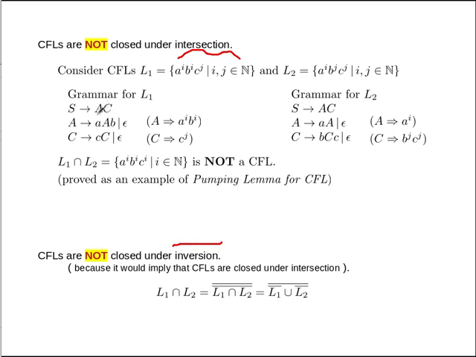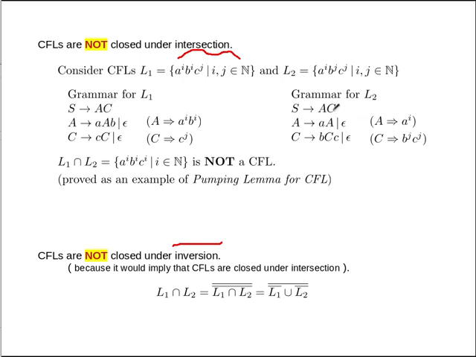This A part is just generating A to the I, B to the I. We have seen this many times. And then this capital C part is just generating C star, so the only type of string it will generate is C to the J. So in fact it generates everything precisely from C star. It generates everything precisely from this A to the I, B to the I for all I. And this is the concatenation of this part.